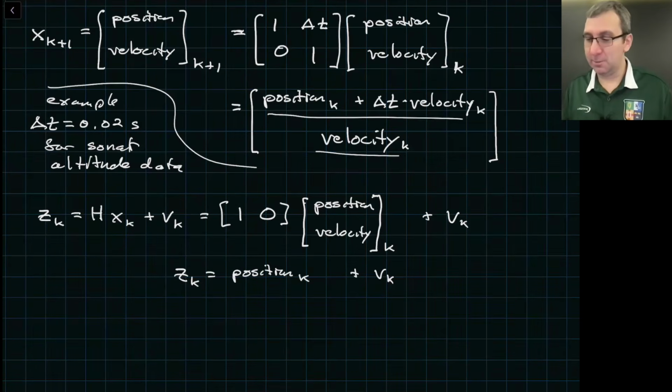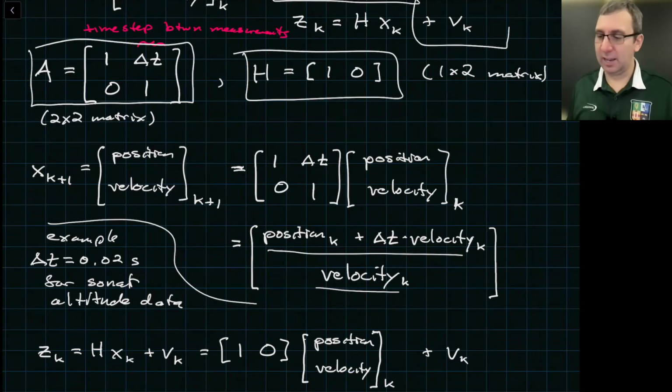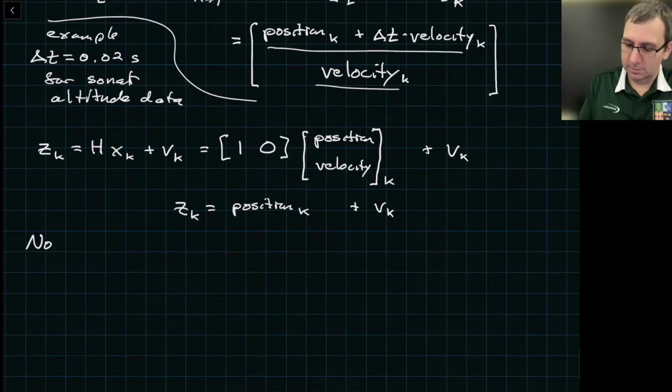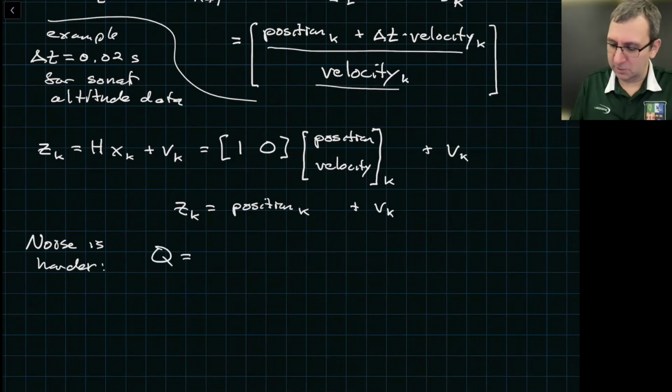So it looks like we've got our matrices. We've got A, we've got H. The noise is, I don't know, maybe you could say it's harder. It also, I think, affects the result less.